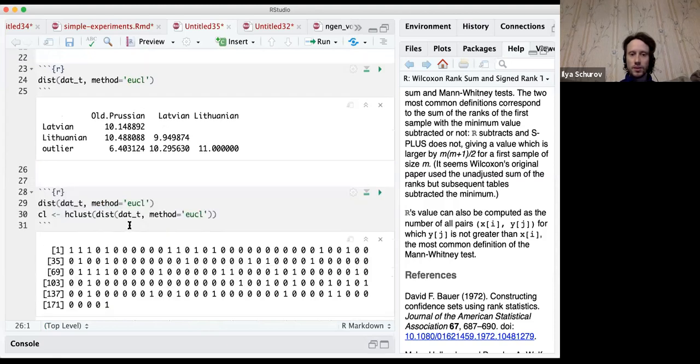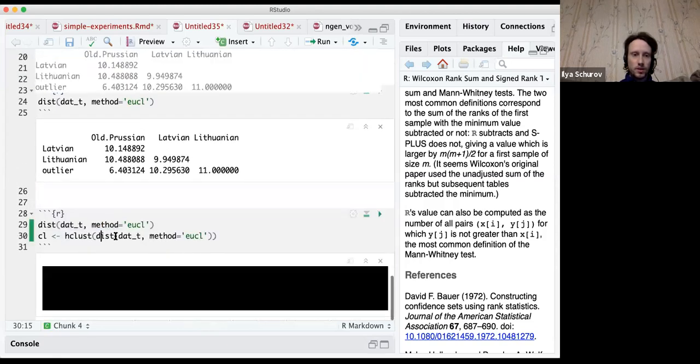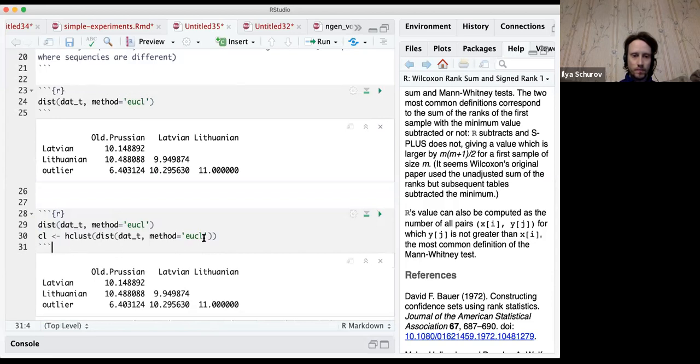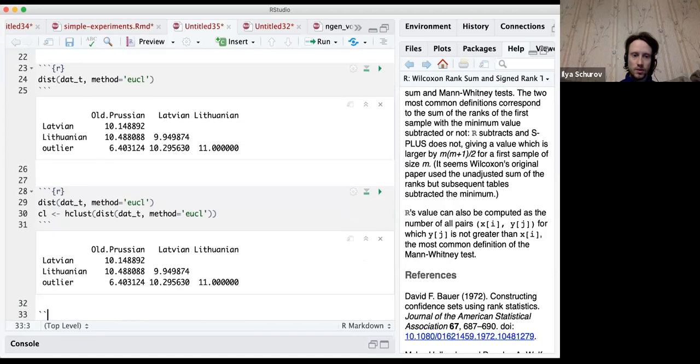Okay, let us use Euclidean now, and I use this clusterization.